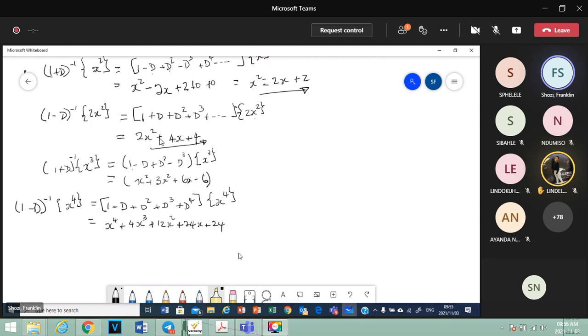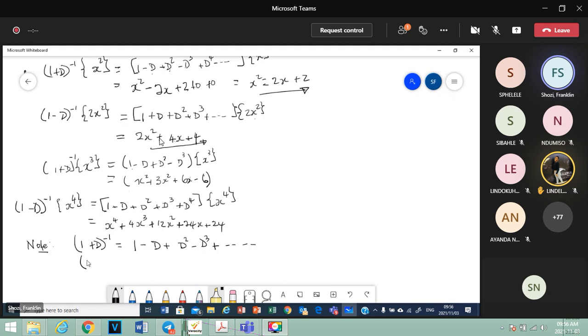Perhaps let me write that down. Note. If you've got 1 plus d to the power minus 1, your terms alternate. It's 1 minus d plus d squared minus d cubed plus etc., depending where you'll stop.